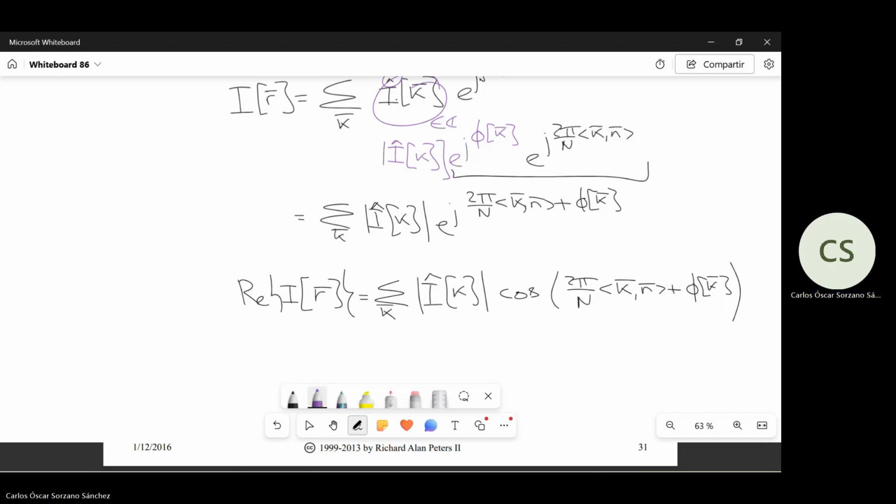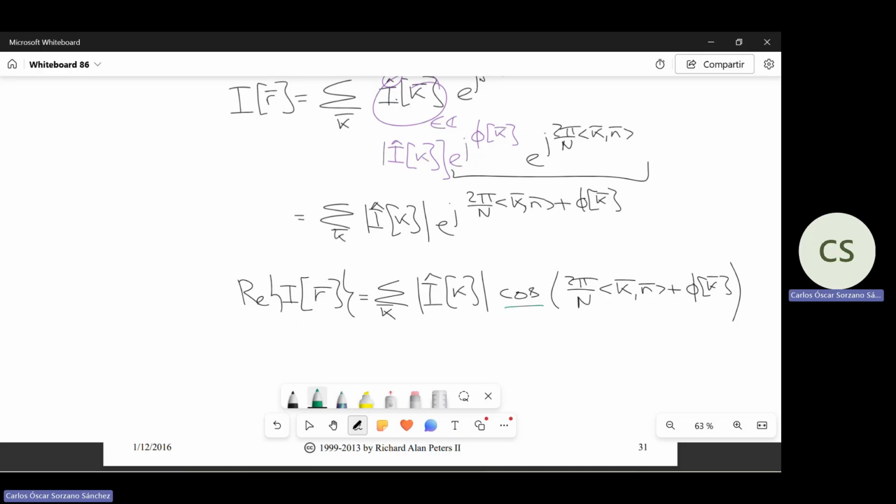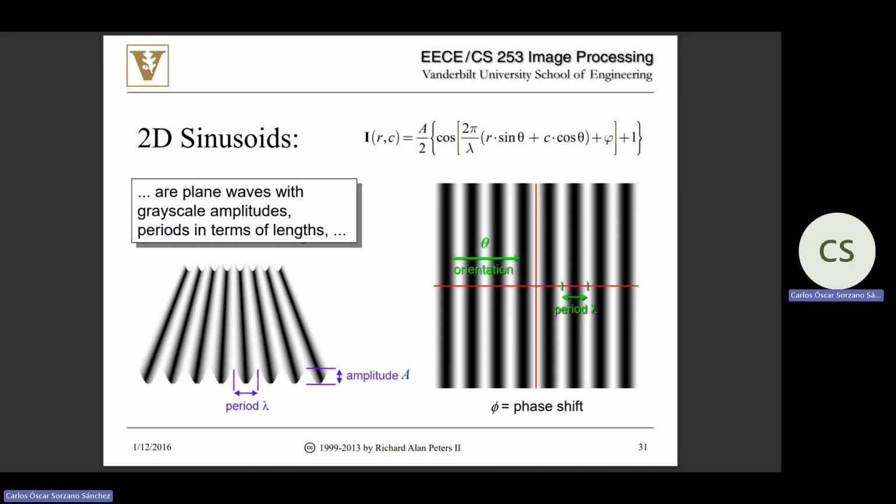What is important here is that we have the frequency and phase. So we have cosine of frequency plus phase. And this comes from only studying the real part.